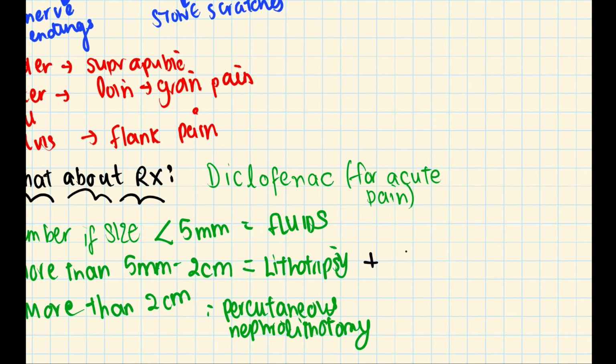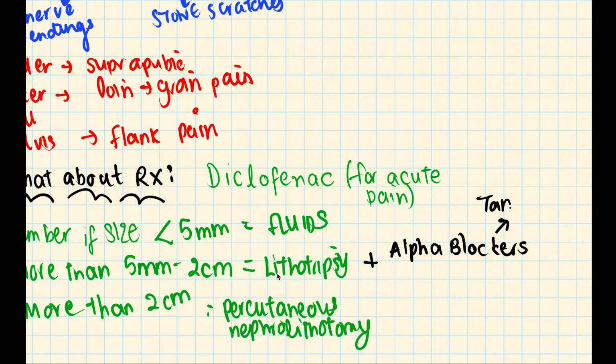Now, there are medications that we can use. In the case of 5 mm to 2 centimeters, you can also use medications to help with the pain. By the way, if it's less than 5 millimeters but there's no pain, then you give the fluids.